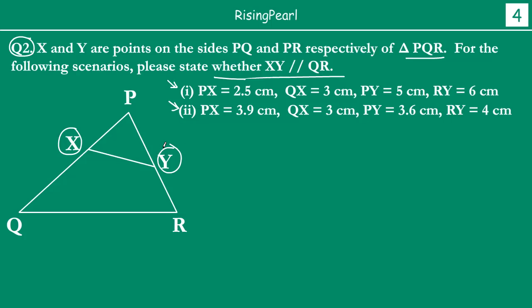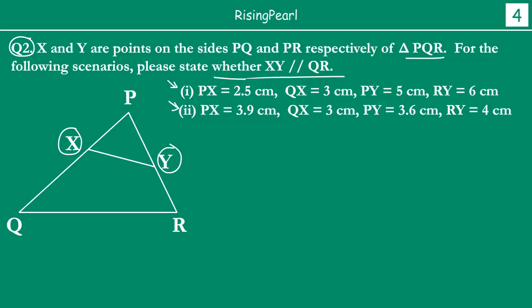So friends, I want to make a couple of important observations here. One is that even though all of these measurements are given, PX, QX, PY, RY, I have randomly picked a point on PQ and I have called it X. Similarly, I have randomly picked a point on PR and named it Y, right?